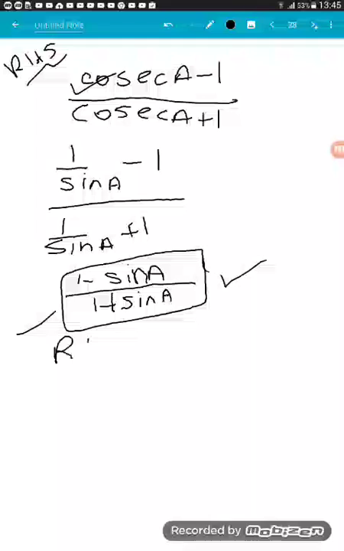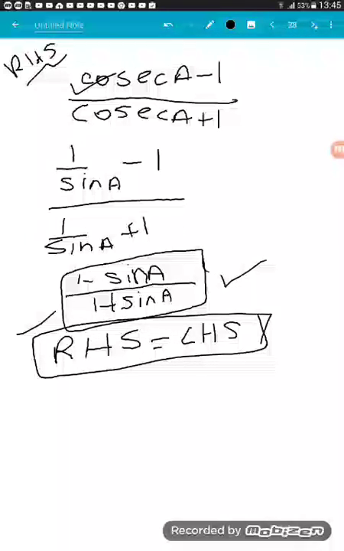So RHS equal to LHS. So hence proved. Now we'll move on to the 15th one.